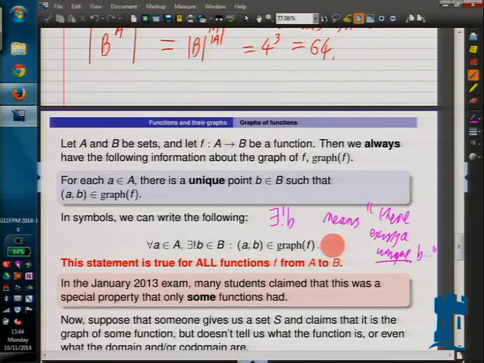And this statement about functions is true for all functions. And the warning is that in the January 2013 exam and in the January 2014 exam, it was still true that many students claimed that this is something special about a function and that only some functions have this property. But no, this is almost part of the definition of a function, that functions do this.